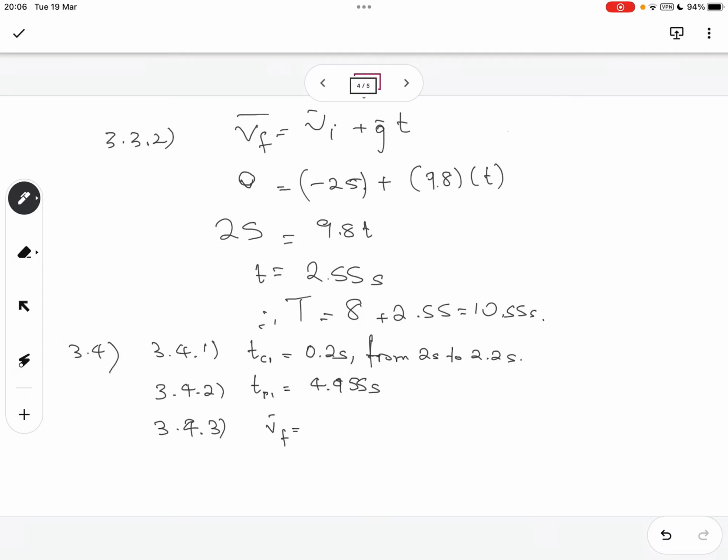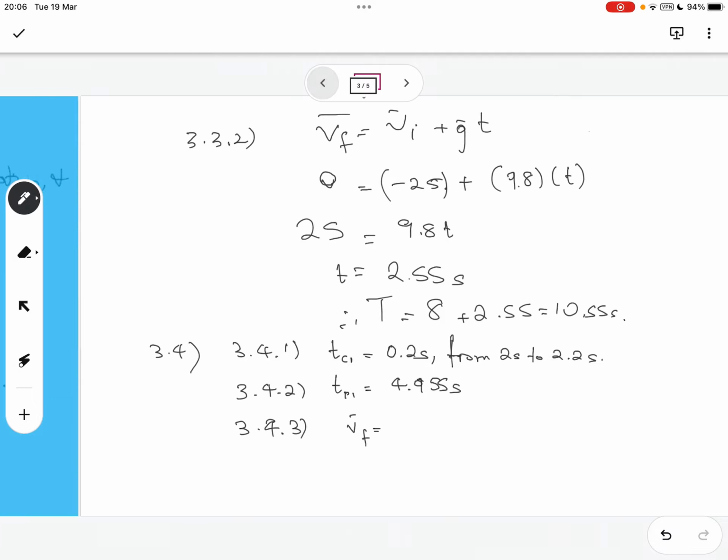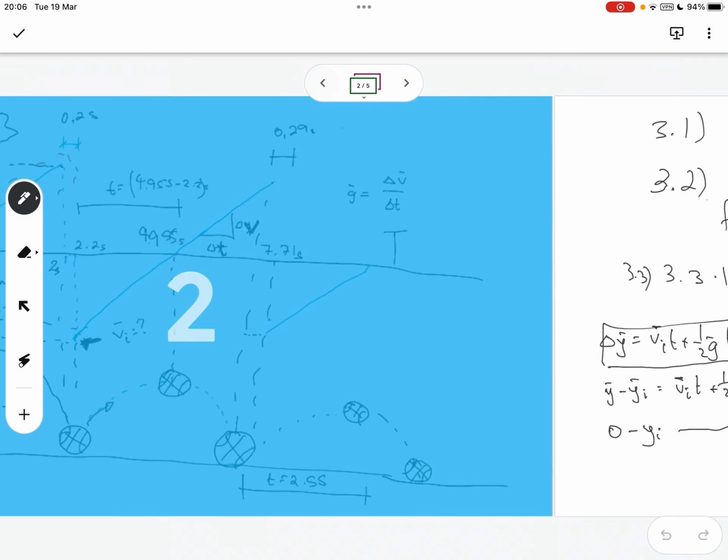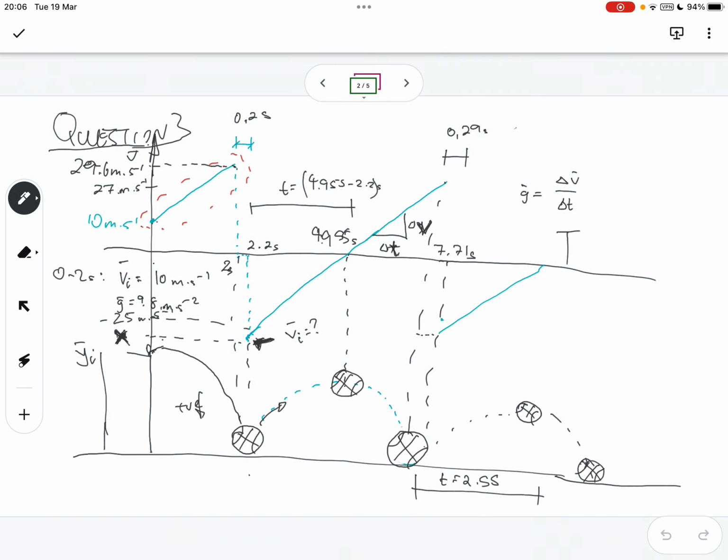Therefore, if that velocity is our final velocity, then for the first part of the bounce, the initial velocity is here at x.